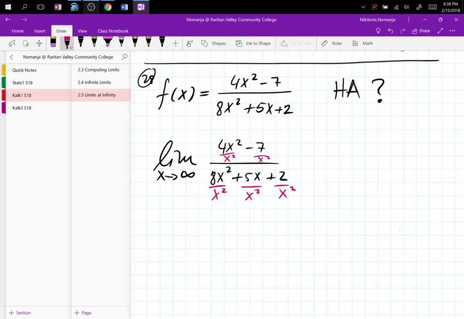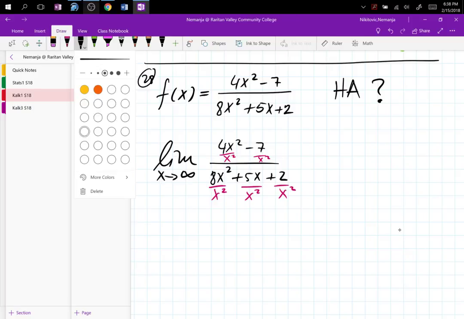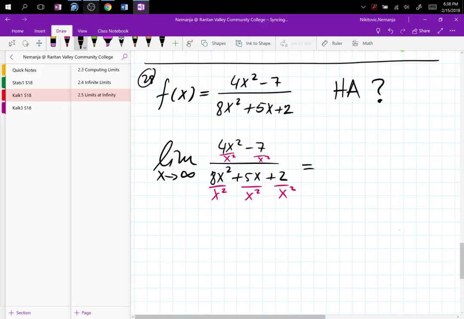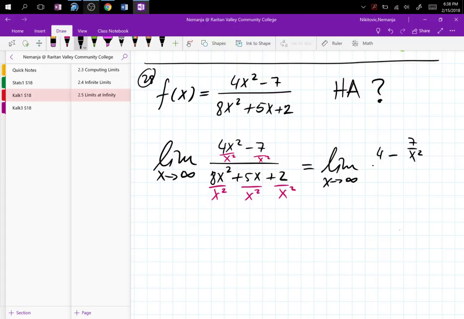That's the highest. The limit as x goes to infinity of 4 minus 7 over x squared, divided by 8 plus 5 over x plus 2 over x squared. This one dies, this one dies, this one dies. What's left?